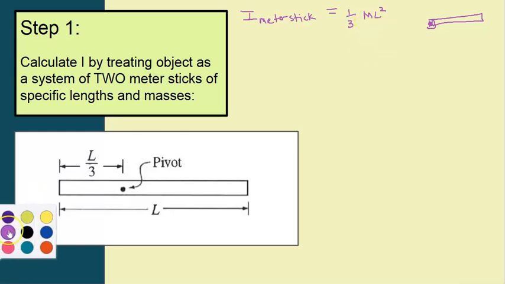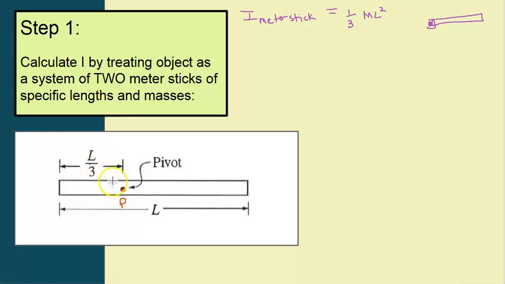And I think it's important for you to know how to derive how that changes if you decide not to grab it at the 0 meter mark, but anywhere else. So the example problem is the pivot point is 1/3 of the way down this 2x4 of unknown length L. Okay, so that is the pivot.